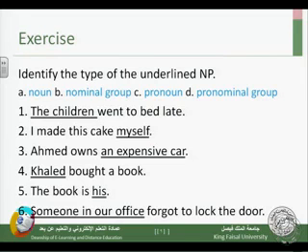Our office, if we only want the type of our office, it is of course a nominal group, because we have office, the head is a noun, and our is a modifier. So the answer for number six is a pronominal group, because we're talking about the whole phrase, someone in our office.